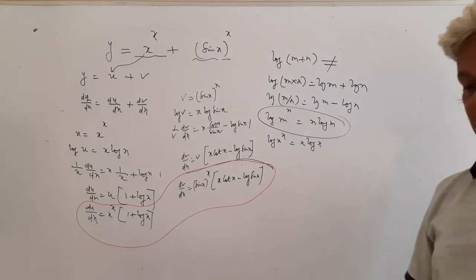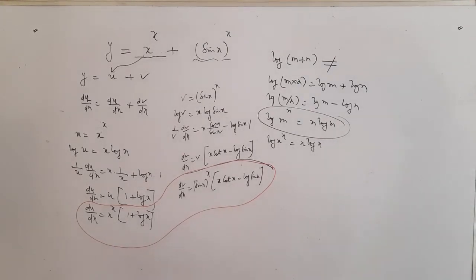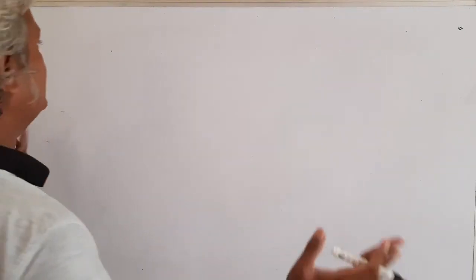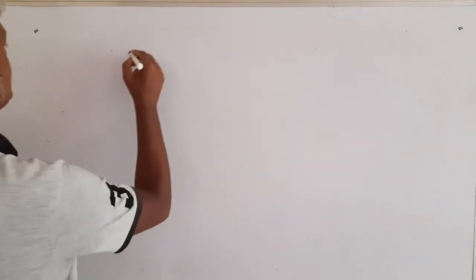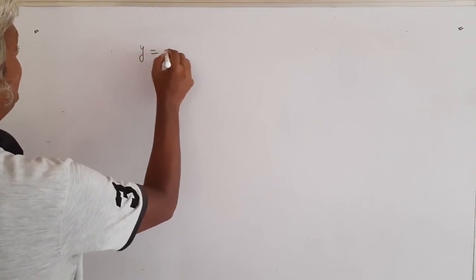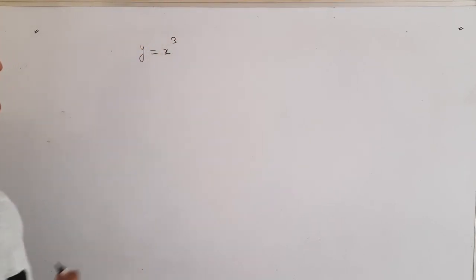Now I take some more ideas and try to use the very same concept in some other weird ways, but they are very natural things. Mathematics has no restrictions. Mathematics is all about exploration. So exploring, there are no restrictions. Suppose I have to find the differentiation of x to the power 3.